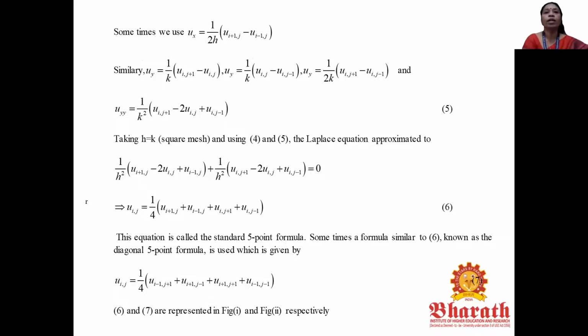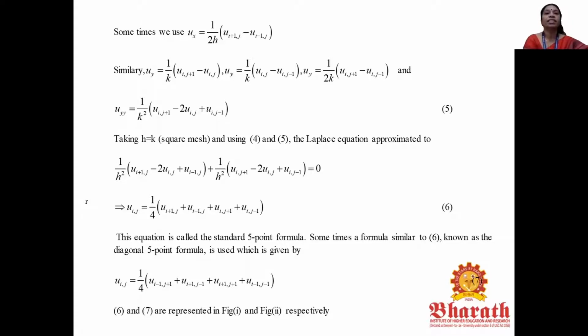So similarly, uy is equal to 1 by k into u of i comma j plus 1 minus u of i comma j, and uy is equal to 1 by k into u of i comma j minus u of i comma j minus 1, and u suffix y is equal to 1 by 2k into u of i comma j plus 1 minus u of i comma j minus 1, and u double y is equal to 1 by k square into u of i comma j plus 1 minus 2 into u of i comma j plus u of i comma j minus 1. So this can be marked as equation number 4.